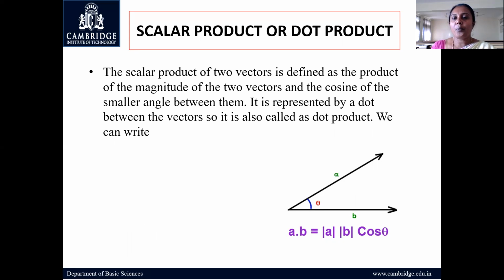It is represented by a dot between the vectors, so it is called the dot product. The equation is A dot B equals the magnitude of A times the magnitude of B times the cosine of the angle between the two vectors. This is known as the scalar product or dot product.